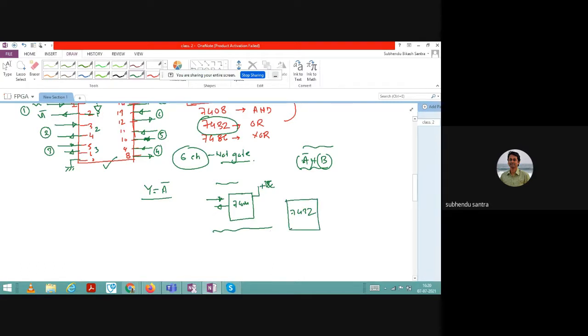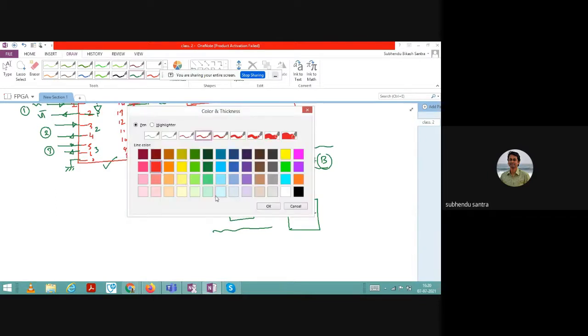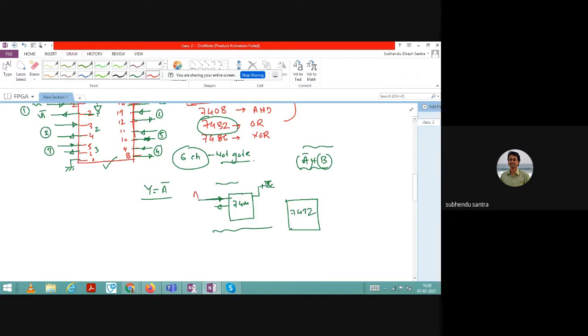If I draw the circuit properly, this is your input, let us say a, and the output is a bar, which is coming from the 7404, and your biasing is plus 5 volt here. Similarly here also plus 5 volt is connected, and in a similar configuration, pins 1 and 2 are the input, and 3 is the output.